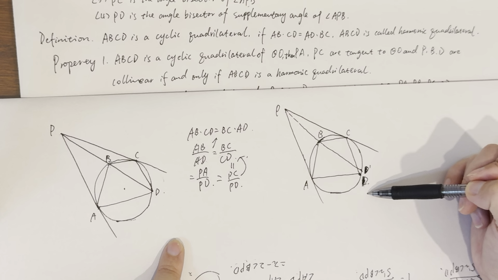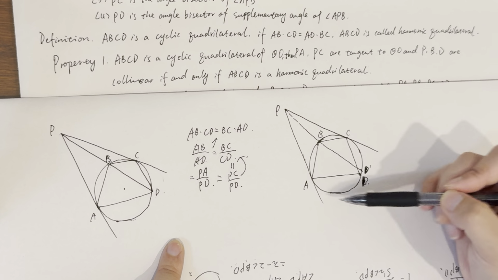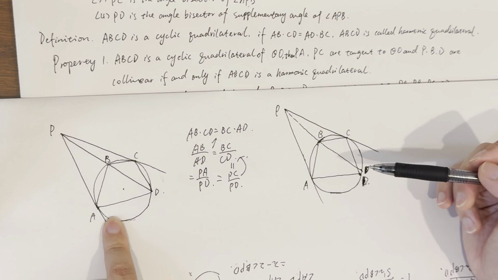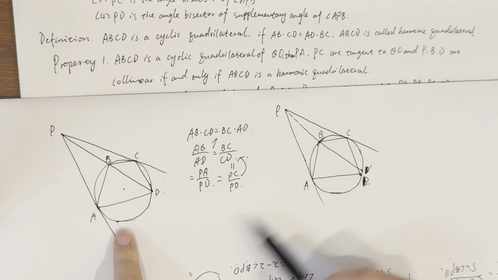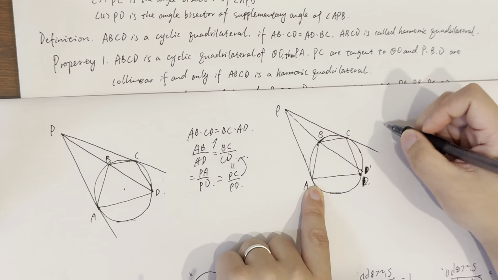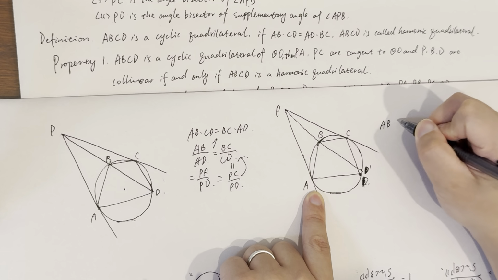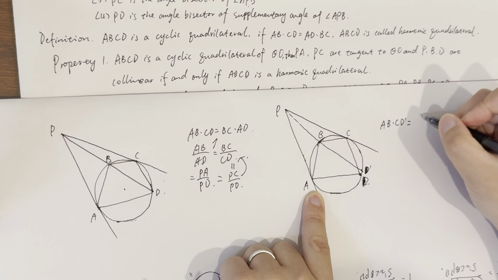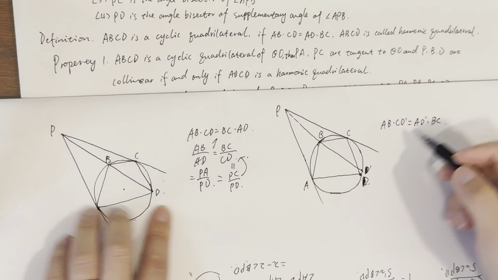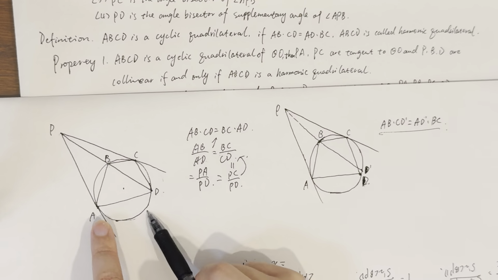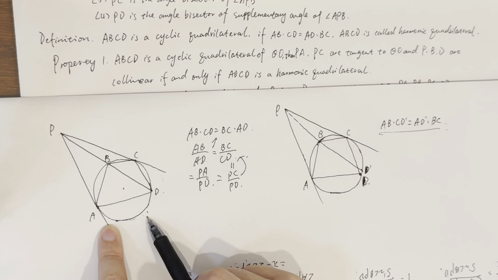D prime would be different to the point D. But for the first thing, we know that if PBD are collinear, then we get AB times CD prime equals AD prime times BC. That's what we get from the first one we just proved.